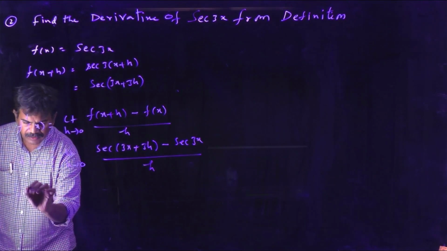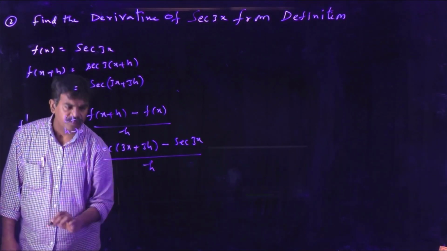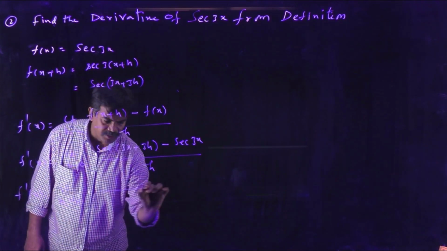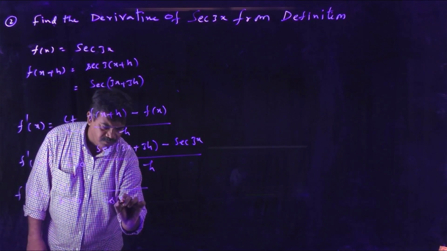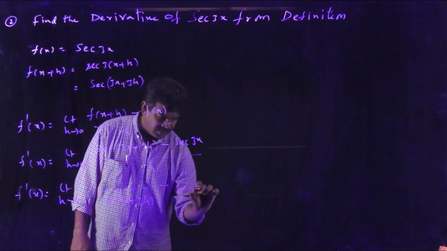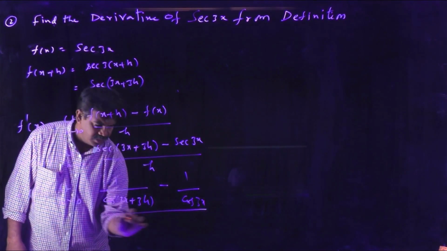F dash x is equal to limit h tends to 0. Secant means we write 1 by cos, it is 1 by cos of 3x plus 3h minus 1 by cos 3x by h.